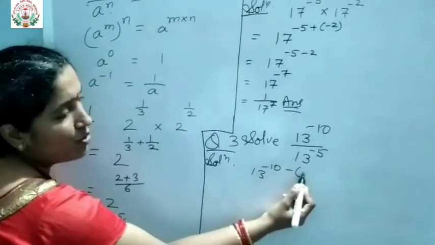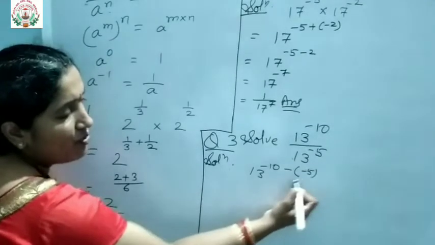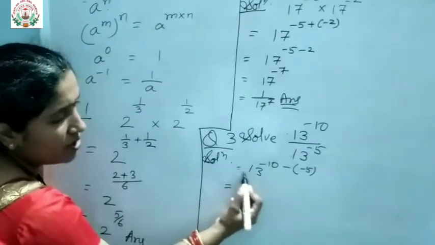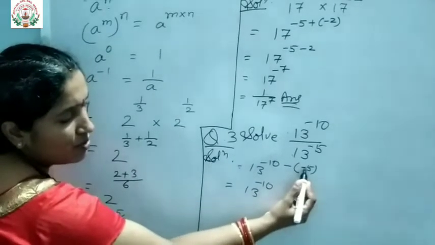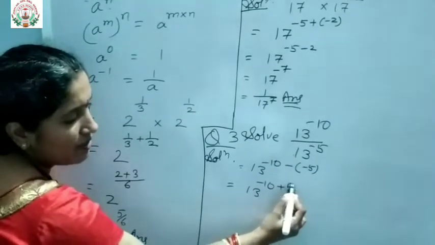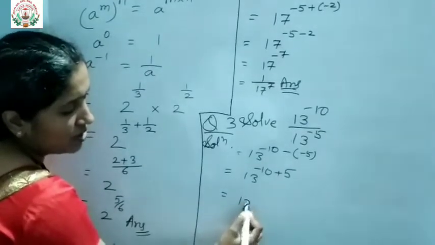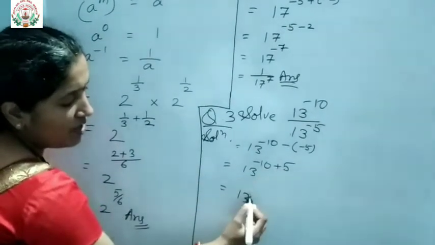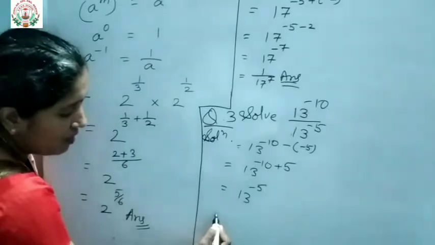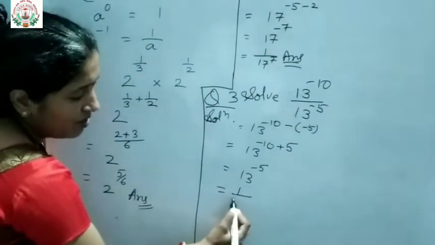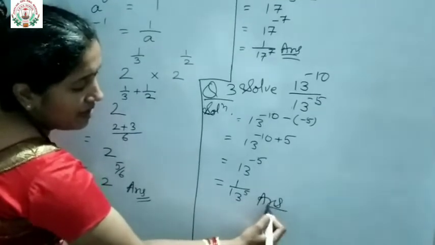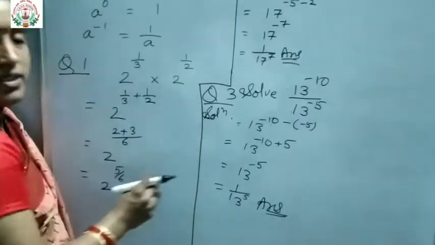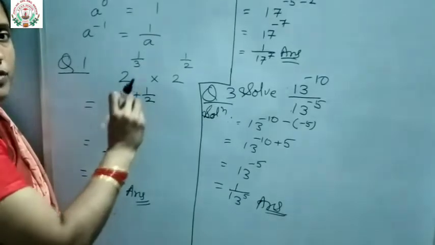This is m, and n is minus 5. So 13 to the power minus 10 minus into minus will be plus 5, which is minus 10 plus 5, that is minus 5, which equals 1 upon 13 to the power 5. Answer. Clear? Likewise, some questions I am going to give you, that you solve.